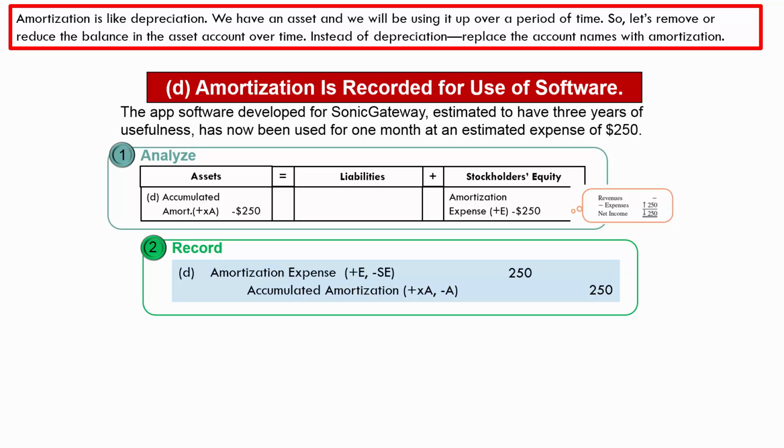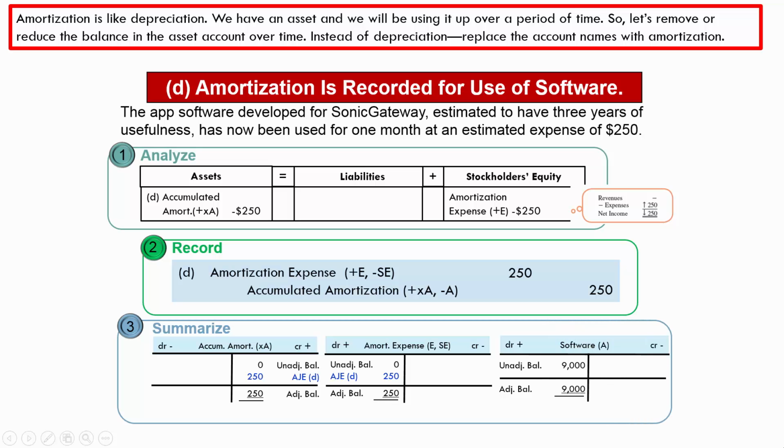So in recording it, expenses again should be recorded as debits, and the credit is not going to be to the software, but the credit will be done to an accumulated amortization account, reducing the balance in that account by $250.